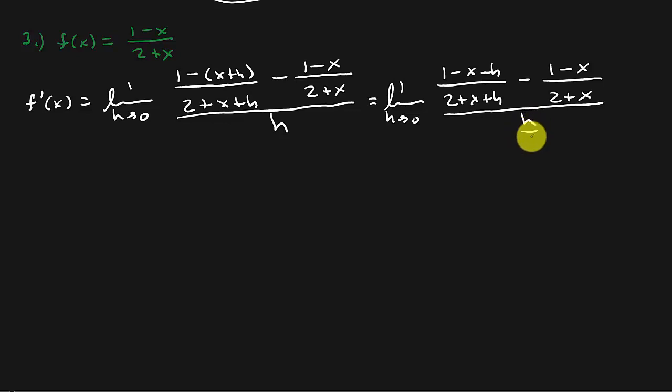We can look at this h as being over 1, and we're going to get a common denominator of this denominator and the 1 here. Well, hopefully you can see that the common denominator is 2 plus x plus h times 2 plus x. And I'm going to multiply that to each term.